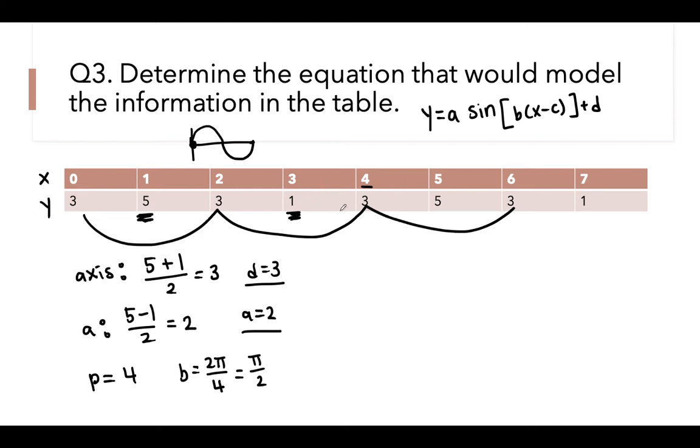So in this case we assume there's no phase shift. Okay, starting from original, y is equal to 2 sine (pi over 2) x plus 3. Okay, and that will be my equation for this table of values.